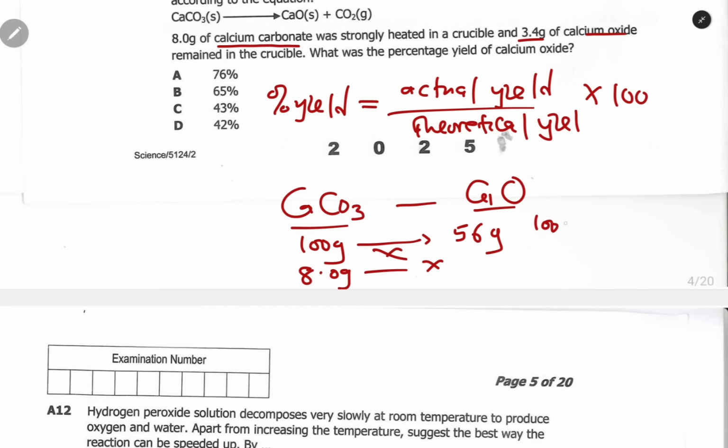You're going to cross multiply. 100 gram times X is equal to 56 gram multiplied by 8.0 gram, divided by 100.